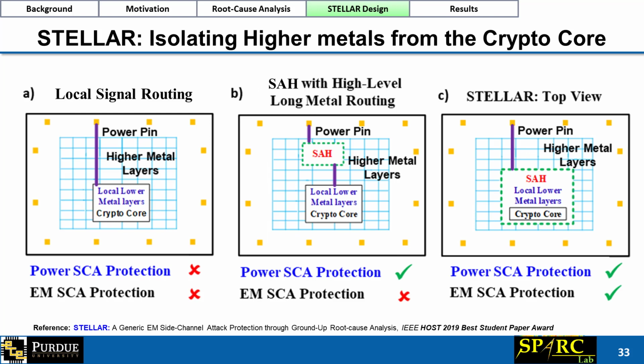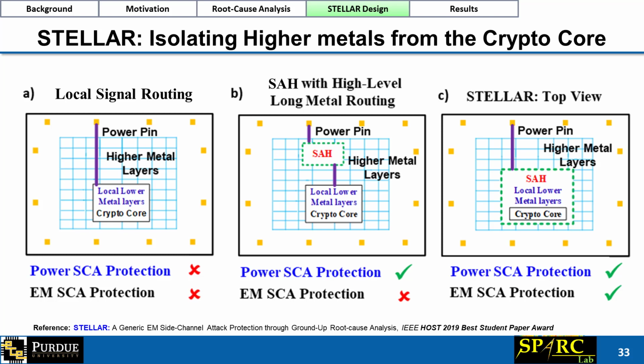Now, before moving to the results, let us review how the Stellar technique is different from the current practices. In the leftmost figure, we see that even if the sensitive crypto signals are routed locally, the power has to be routed to the external pins through higher metals. Now for power SCA protection, as shown in the second figure, we can utilize the signature attenuation hardware to suppress the correlated signature.